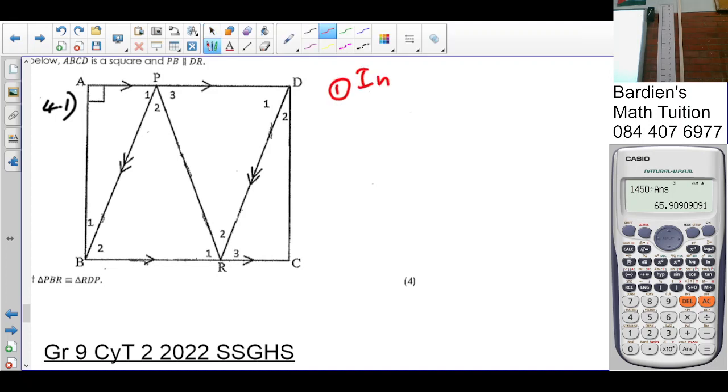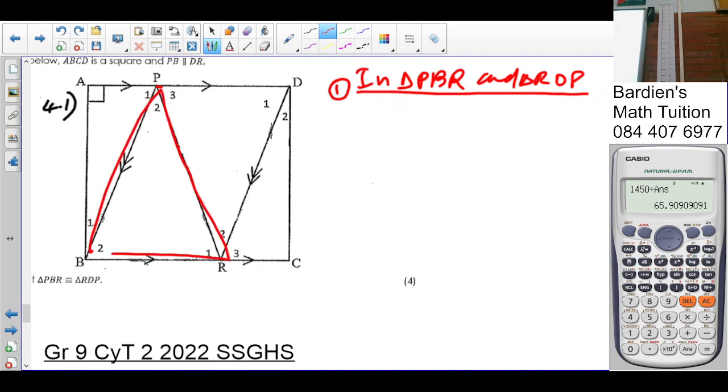So we always start by saying in triangle PBR and triangle RDP. We are proving that those two triangles are congruent. So where do we start?